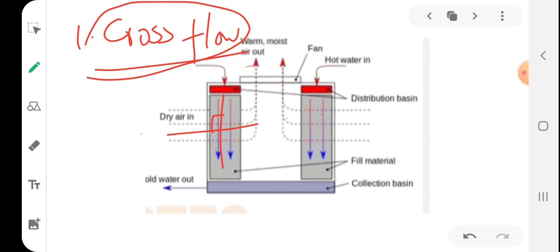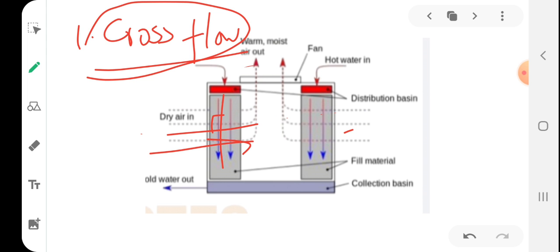So the water flows vertically through the fill media, while the air flows horizontally across the falling water. That's why they call it cross flow. Because of the crossing of flow, the air doesn't need to pass through the distribution systems. The hot water flow takes place via gravity.